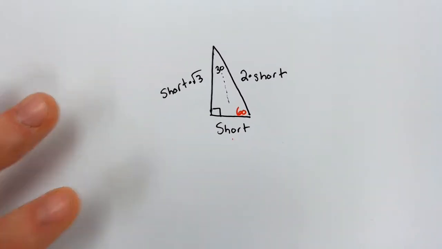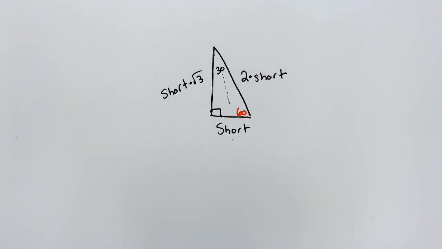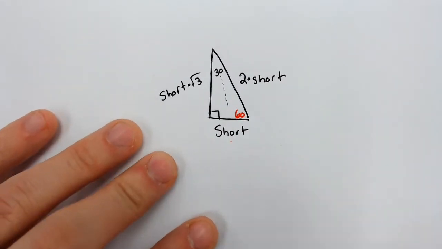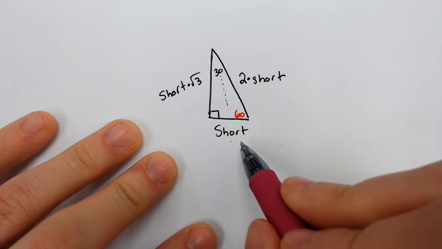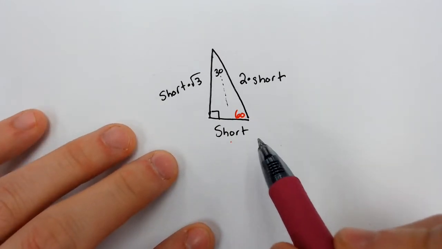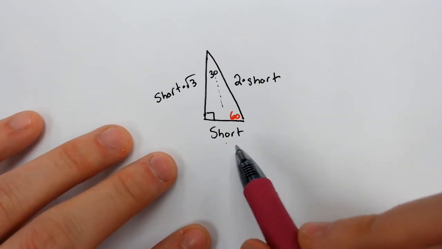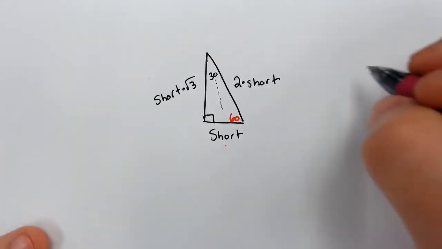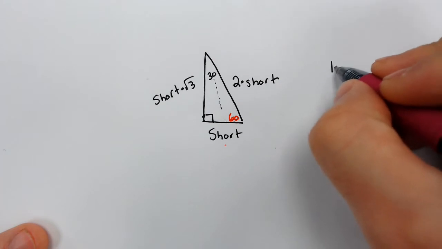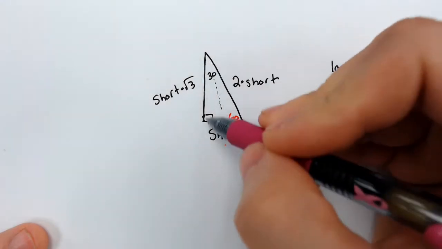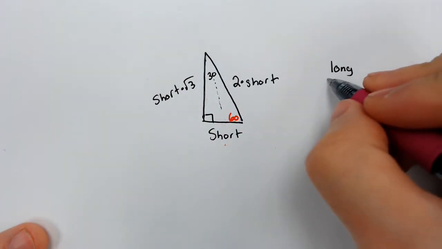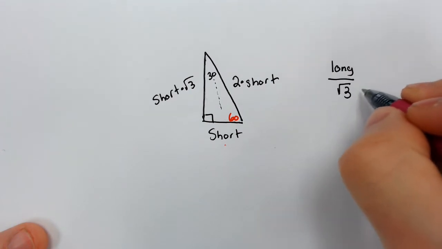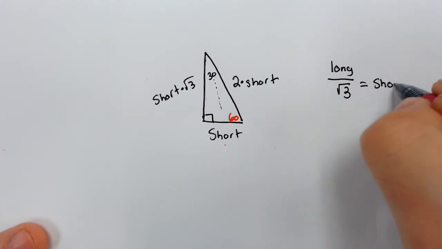All right? So some other things to take note of: if you're not given the short side, you're going to be sad, because it's a lot easier when you're given the short side of these triangles. So if you're not given the short side, you want to find the short side. If you're given the longer side, this side right here, then you would have to divide by the square root of 3 to get the short side.